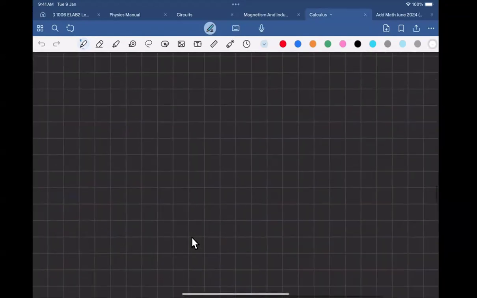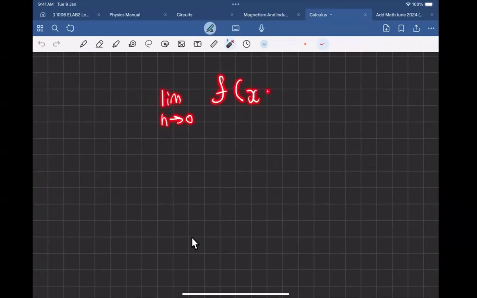So if we're gonna use limits, what's the formula for that? It'll be h approaches 0. f of x plus h, right?